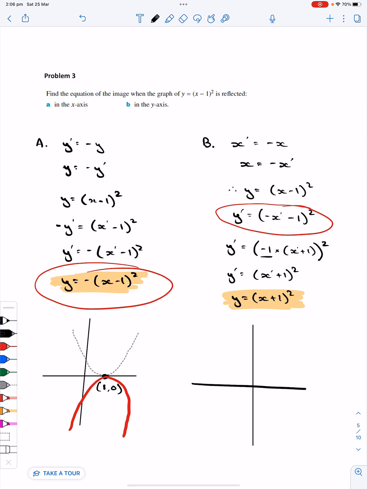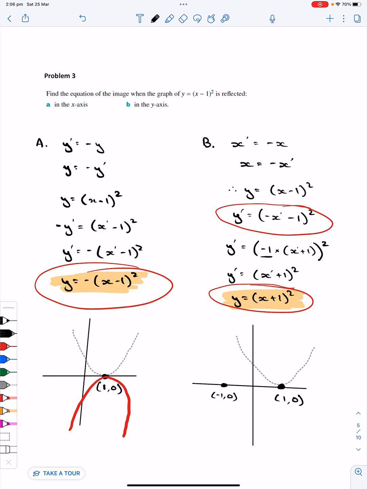what's happening graphically here, we've got the parabola coming through, (1, 0) as my point. But if I consider this expression, and I consider where the turning point is going to be, that turning point and x-intercept will be at (-1, 0).